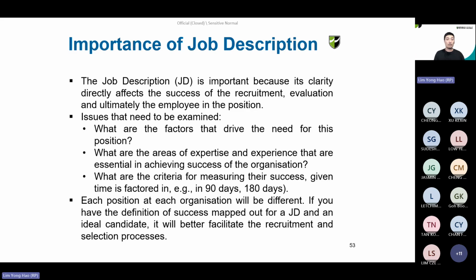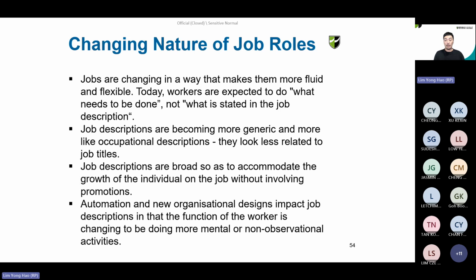So a good job description as well as job specification allows you to do it. And we mentioned earlier that some of the things we have discussed presuppose that the job labor market or jobs are relatively stable.